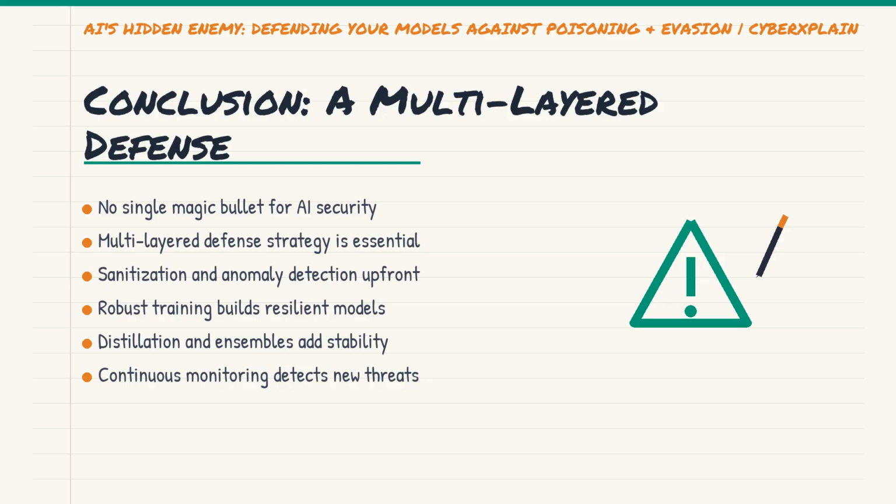Think of it like fortifying a castle, with walls, moats, guards, and watchtowers. Each layer strengthens the whole. By implementing these practices, we can significantly increase the trustworthiness and resilience of our AI systems, ensuring they continue to serve us safely and effectively.